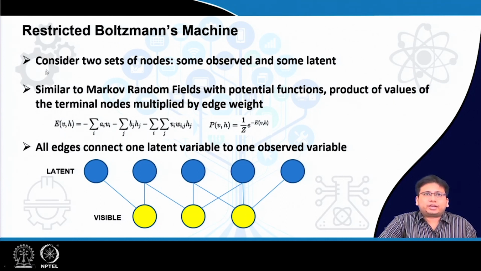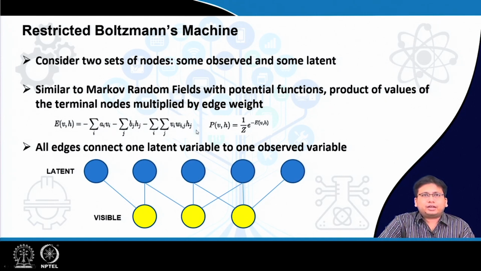Now, there are various other undirected graphical models which are based on a similar concept. So, there is this thing called the restricted Boltzmann machine. It contains two sets of nodes: one set are the latent variables, and the other set are the visible variables which can be measured, for which we have the observations. And now, the joint distribution of all these variables can be written again in terms of potential functions, the way we defined them for the Markov random field.